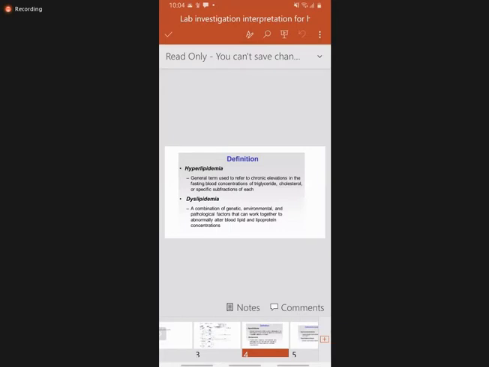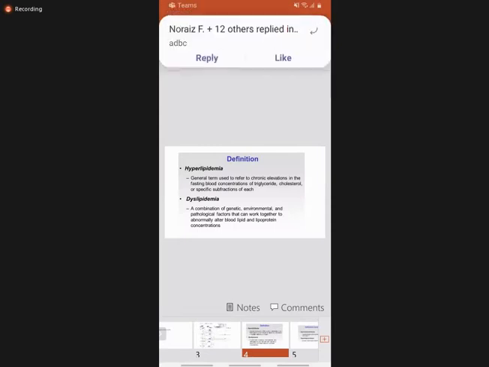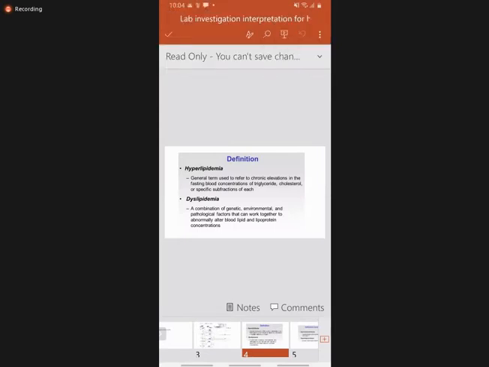We have to distinguish two terms: hyperlipidemia and dyslipidemia. Dyslipidemia is a term used for abnormal measurement of the concentration of the lipid profile, whether low or high. So dyslipidemia is basically an abnormal quantity of lipids in the blood.